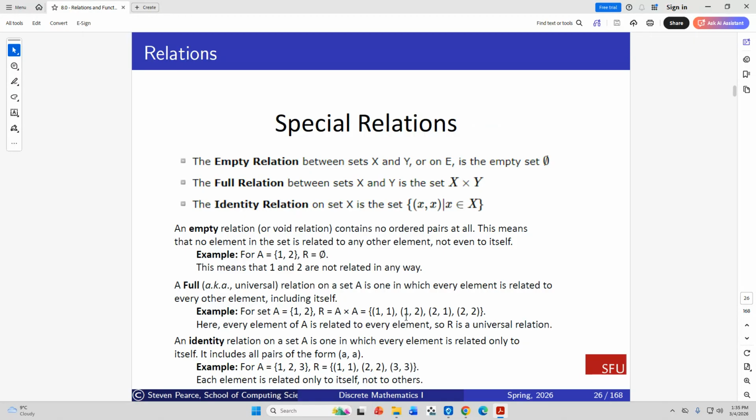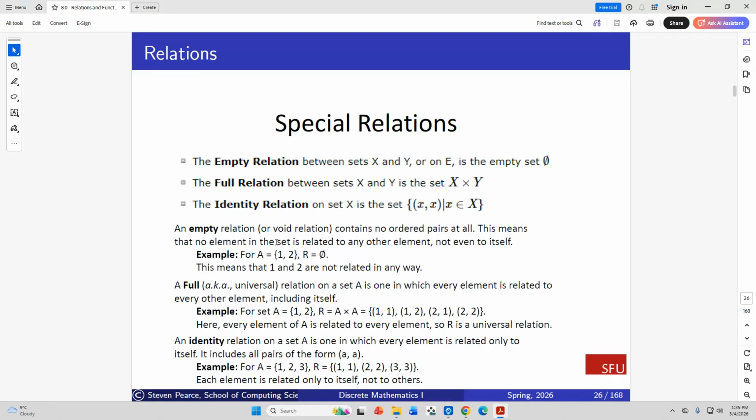So there are some special ones. The empty relation is simply the empty set. The full relation is the set X cross Y. That's the full relation, where you just expand everything out. The identity relation on set X is the set of pairs (X, X) where X is an element of X. So it's just this binary relation, like X cross X. X cross itself, okay? The empty relation or void relation contains no ordered pairs at all.